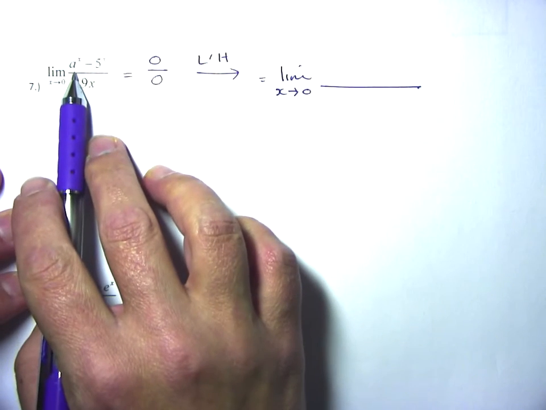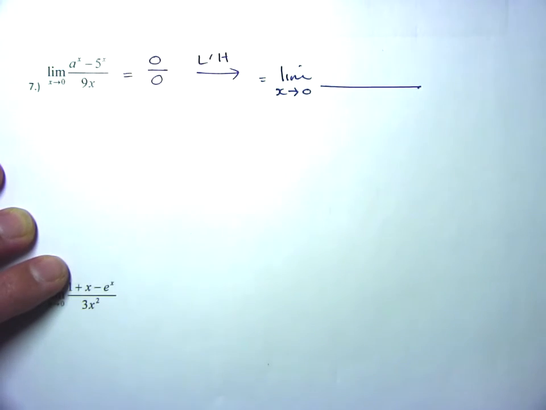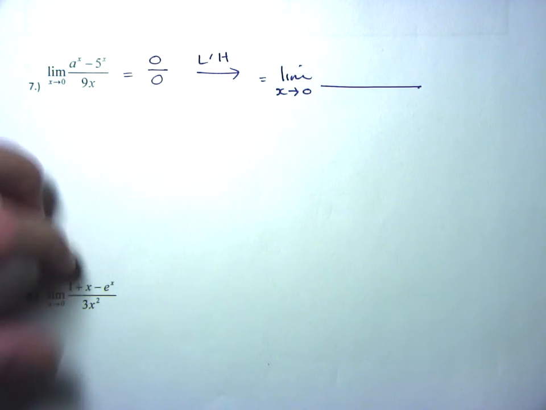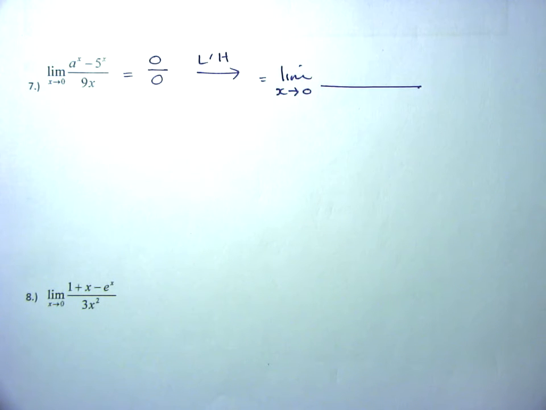What is the derivative of a raised to the power x? It's not. So the mistake that you're making is that you are using the power rule of differentiation to take a derivative of an exponential function. So what was the rule for exponential functions?